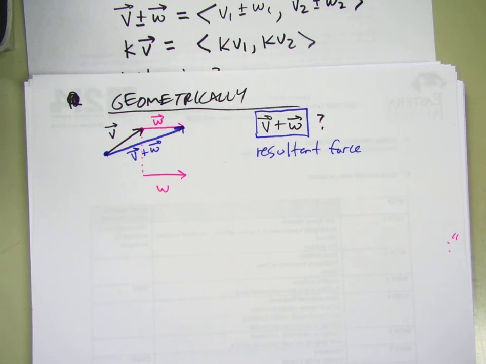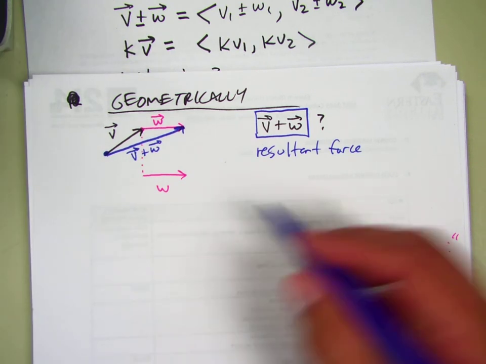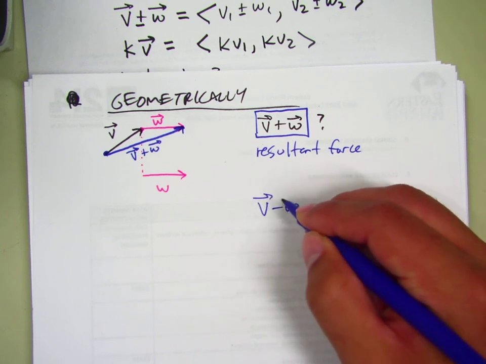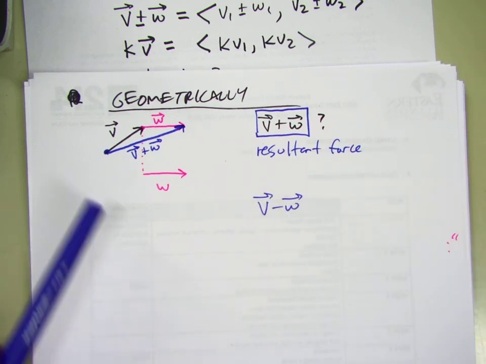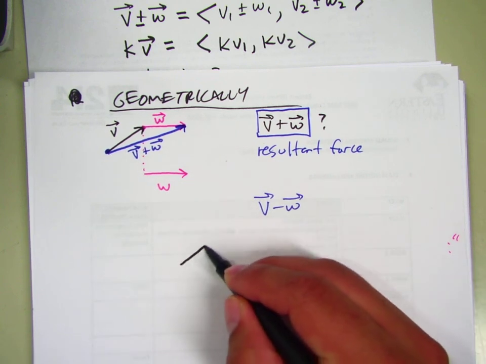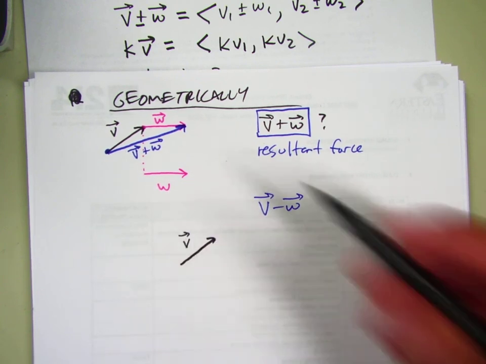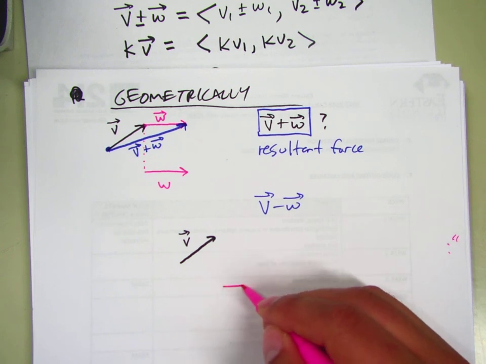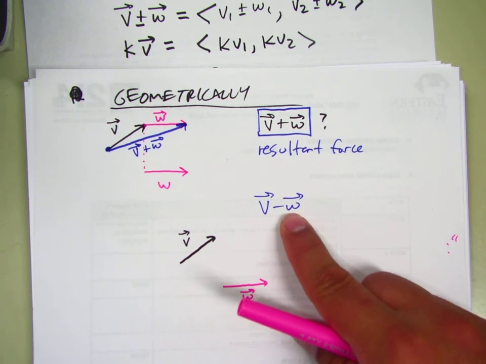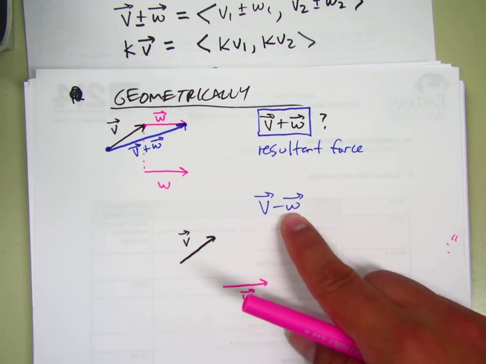Subtraction works the same. If I wanted to do V minus W, I'll keep the same orientation that I used here. Here's V. Here's W. Subtracting W is the same thing as adding the opposite.